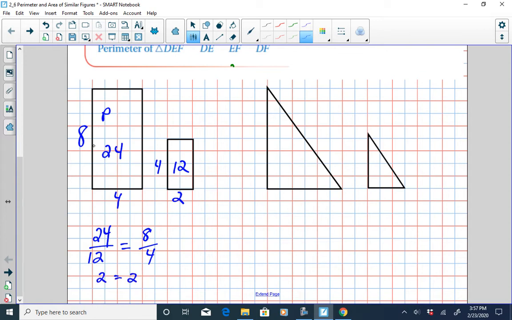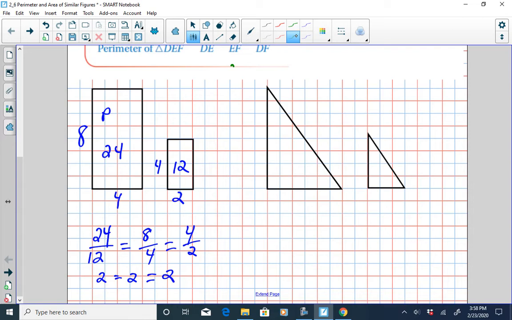So it seems like that rule works here. What about the other corresponding sides? 4 to 2. Is 4 to 2 the same as 8 to 4? Yes, it certainly is. So it seems like the rule works pretty well for rectangles.